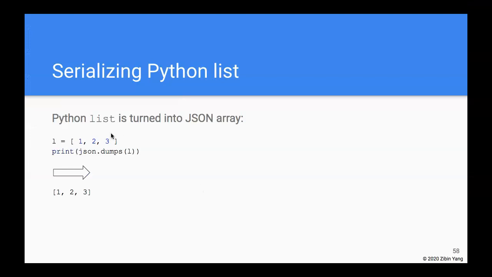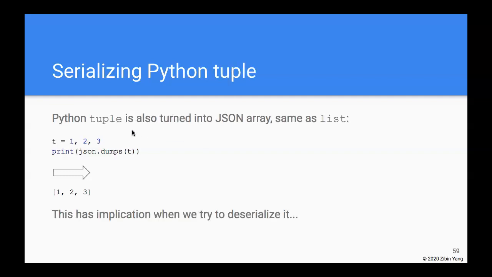I know we haven't actually touched on this earlier, but instead of a Python list, what do you think a Python tuple is going to be turned into if we want to serialize it into JSON? So a Python tuple really is just an immutable list, right?